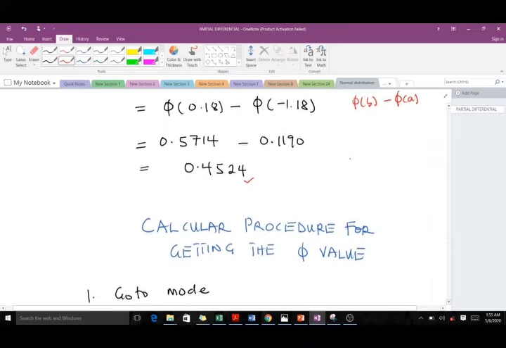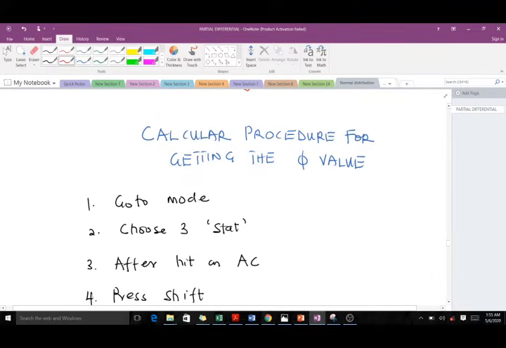So now, when you have your Casio calculator, how can you use that to compute the phi value? That's the probability that you were computing without using the normal table. So you go to mode on your calculator, then you choose 3, where you can see start there.